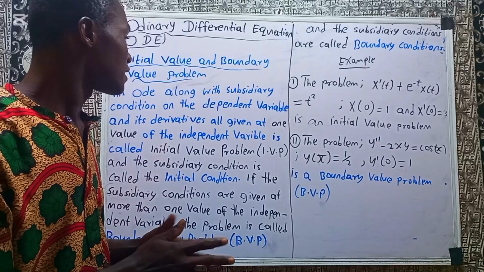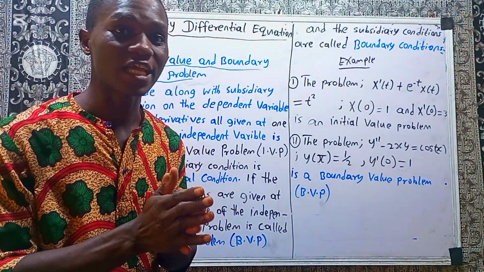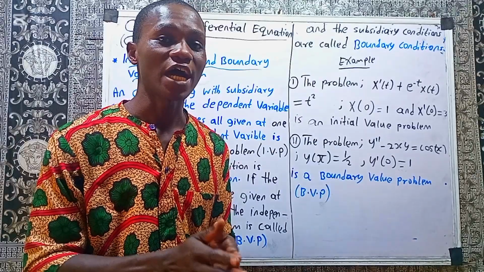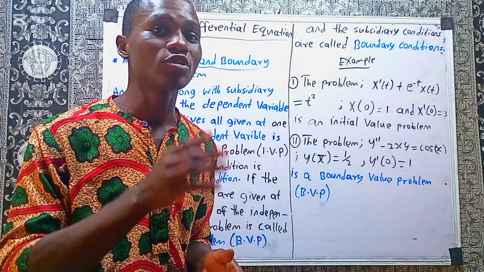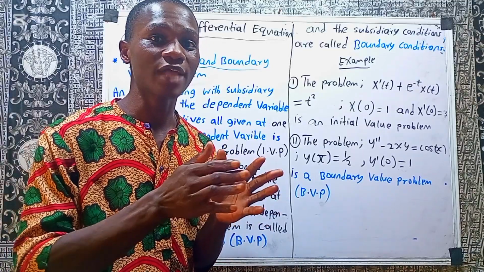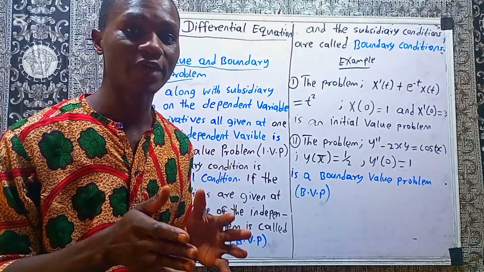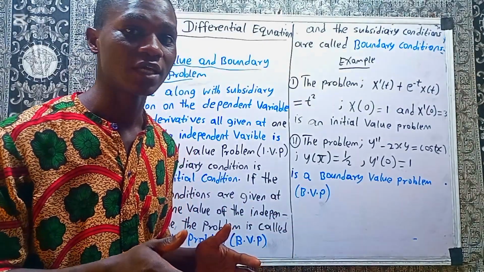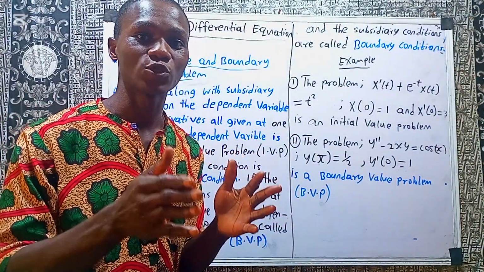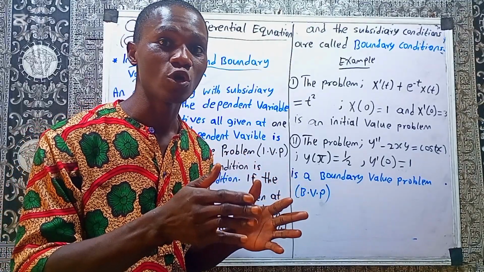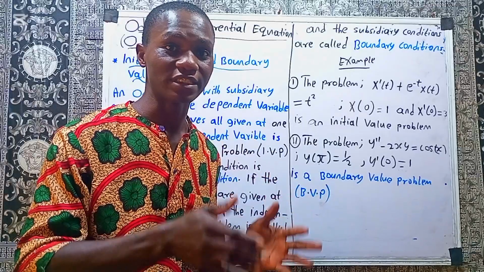Now let's see what initial value problem is. If an ordinary differential equation is given to you and you have a condition attached to it, which we call the subsidiary condition, the condition is normally given on the dependent variable and its derivative. You have an ordinary differential equation, a condition is attached to it on the dependent variable and its derivative.